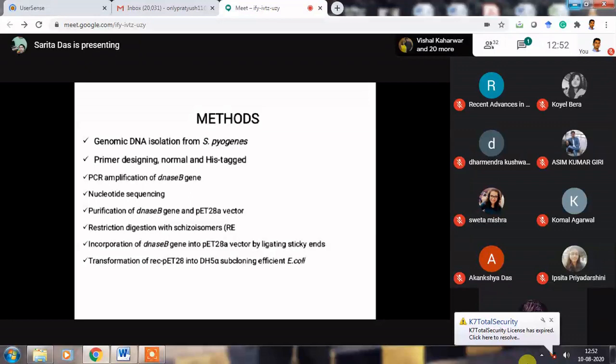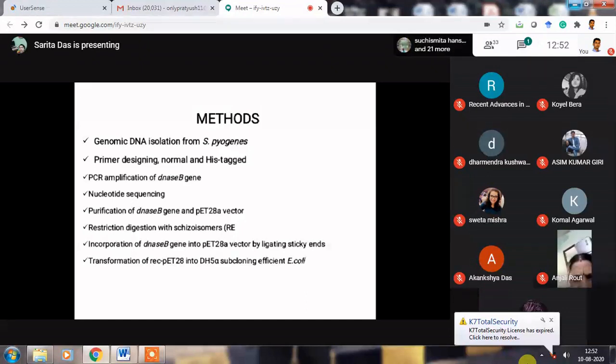First of all, we need to isolate the gene, that is the DNase B gene, from Streptococcus pyogenes group A strep, and we used the 90226 strain, which has been isolated from the blood of a septic patient, and its sequence is already known.